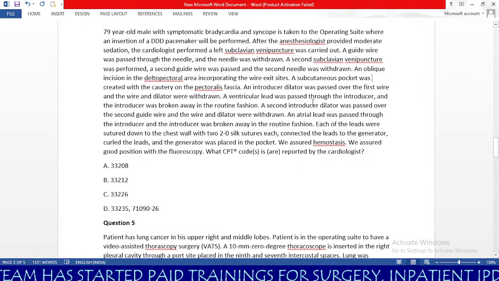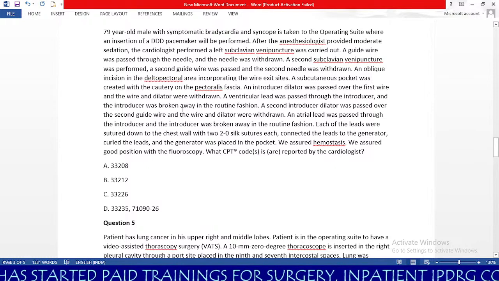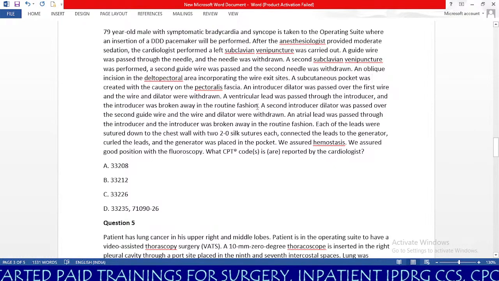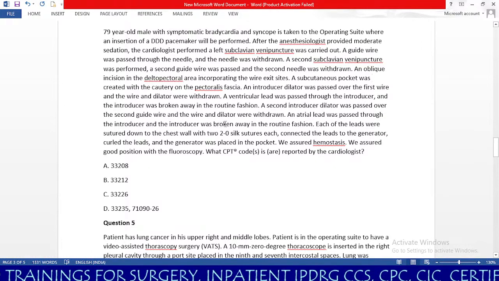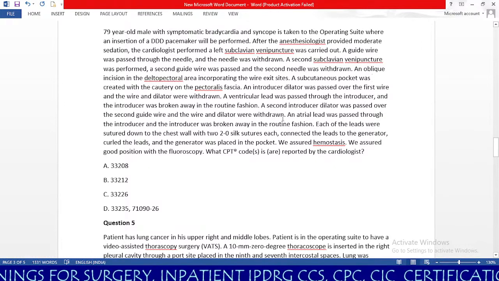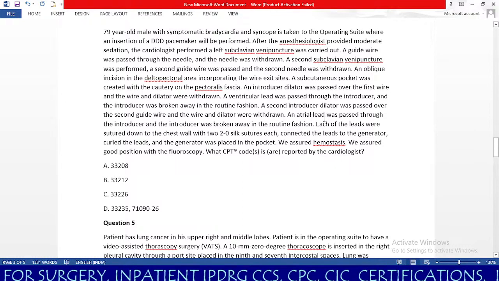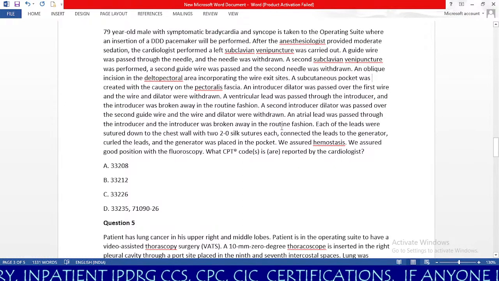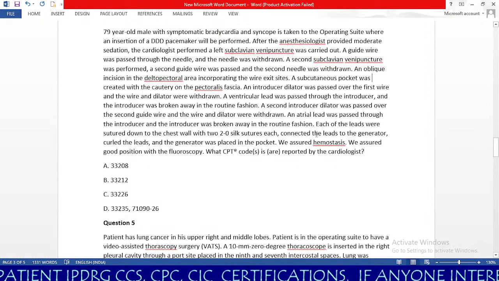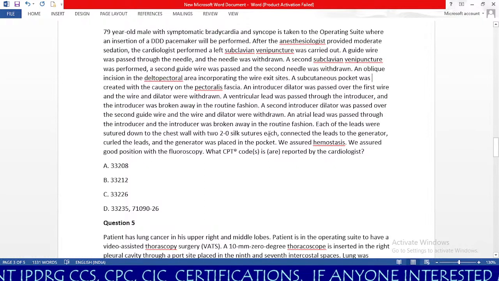A ventricular lead was passed through the introducer and the introducer was broken away in the routine fashion. A second introducer dilator was passed over the second guide wire and the wire and dilator were withdrawn. An atrial lead was passed through the introducer and the introducer was broken away in the routine fashion. Each of the leads was sutured down to the chest wall.